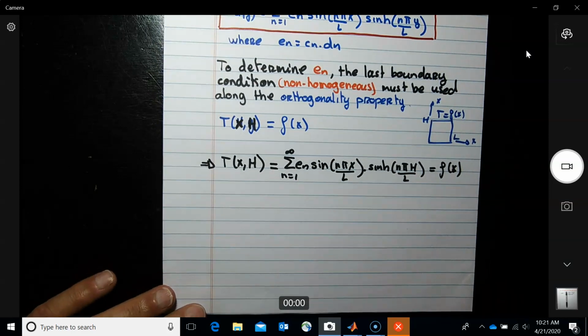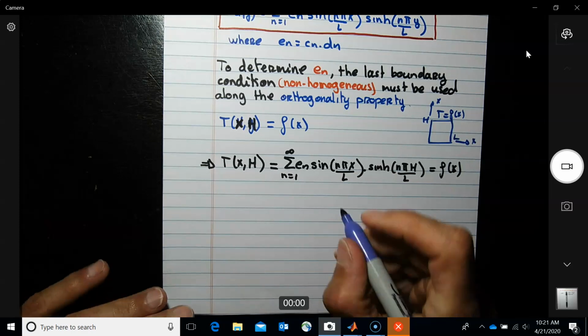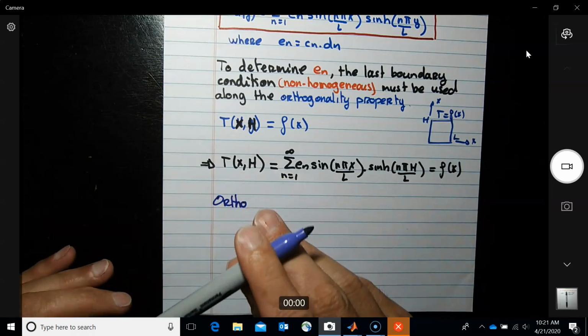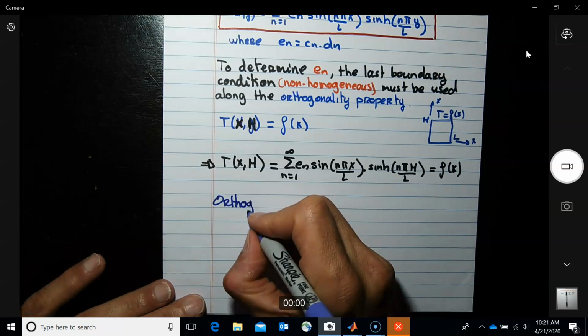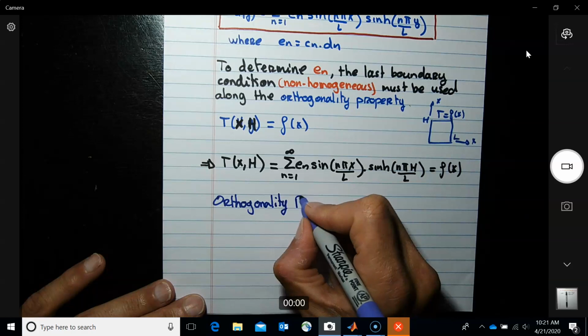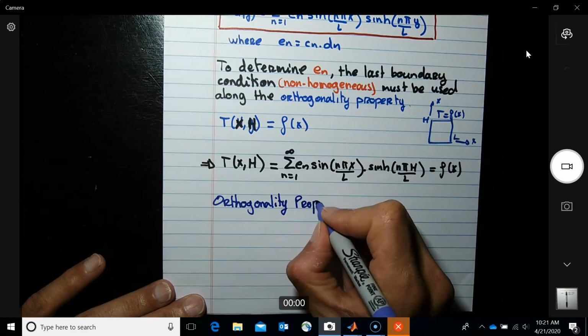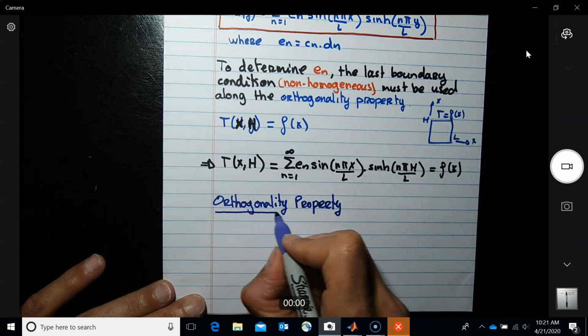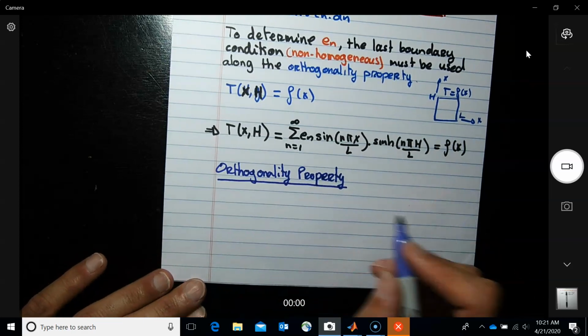Okay, so what is the orthogonality property?